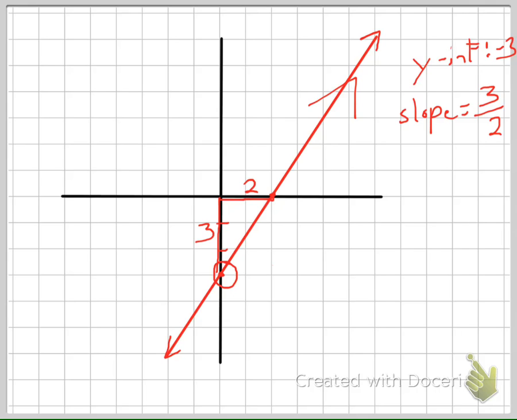And then to write the equation, now we just have the slope and y-intercept just like on the previous example. So my equation is y equals the slope, 3/2 x, plus the y-intercept, which here is again a negative, so minus 3. So the equation for this line would be y equals 3/2 x minus 3.